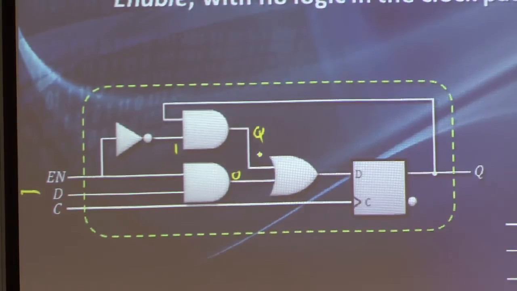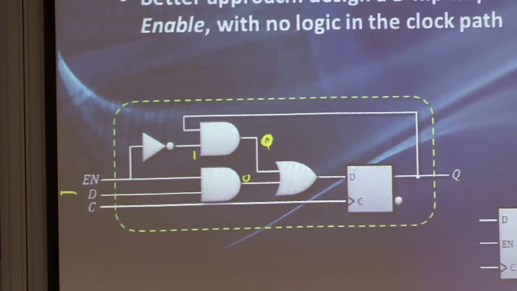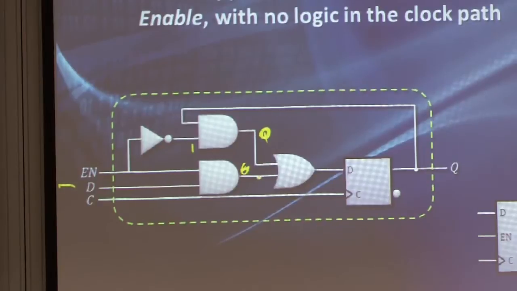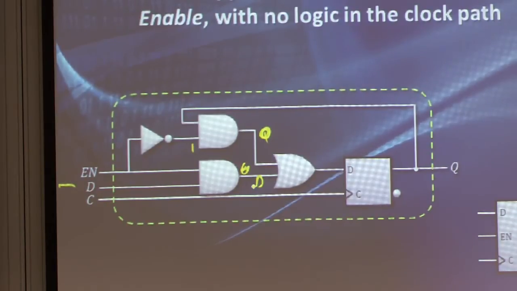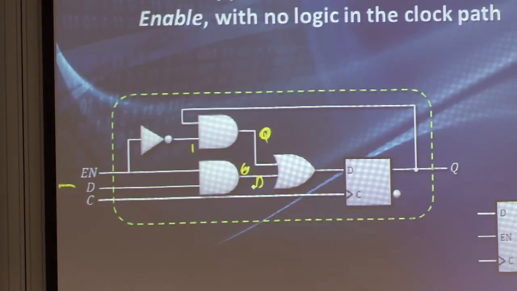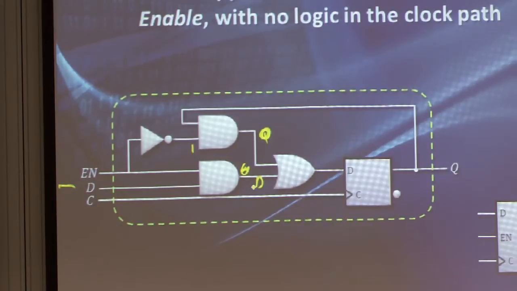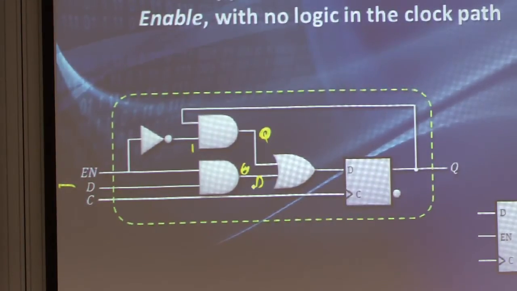If enable is now 1, then this gate here will be 0, and this gate will just follow whatever the input D is, and whatever appears on D will be stored in the flip-flop. So this solves the problem of clock skew, because we're not introducing any delays in the clock path. All the different registers will be clocked at the same time, but we have the ability to choose whether we really want to load a new value or not.